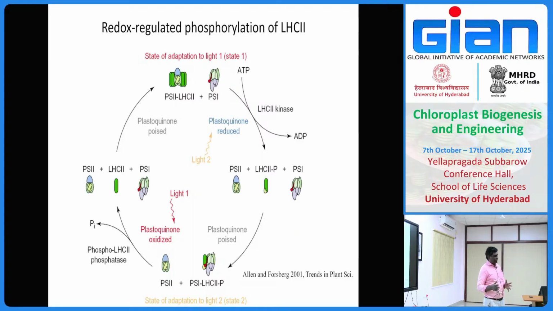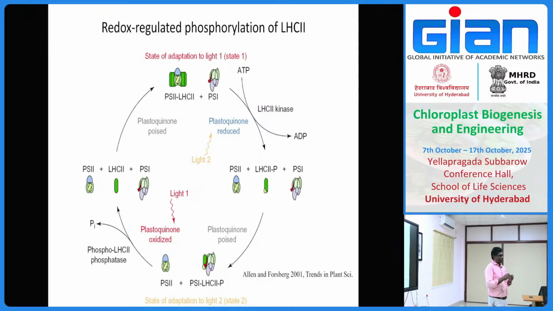PS1 absorbs light at 700 nanometer. Why so? That also I discussed. When you see the electron transport chain, the Z scheme, there is a significant voltage difference. This voltage difference from photosystem 2 to photosystem 1 is balanced by this so-called state transition mechanism.